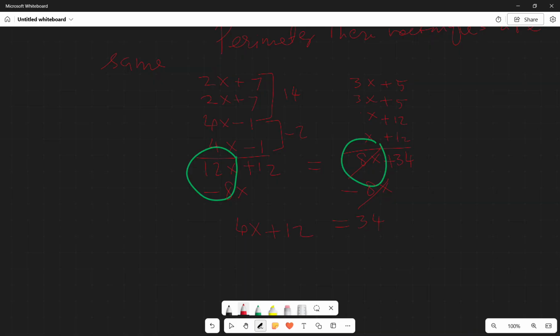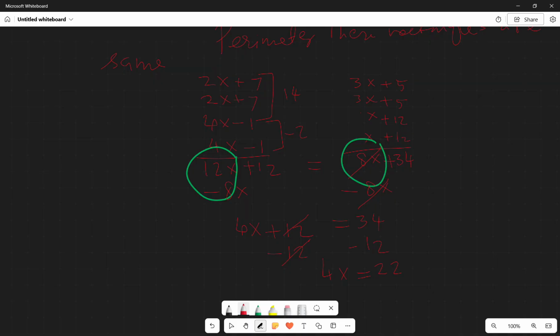Now this 12 is cancelled by subtracting 12 on both sides. Plus 12 minus 12 is cancelled. Now 34 take away 12 is 22.